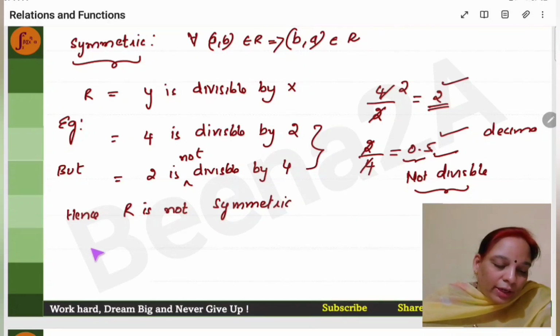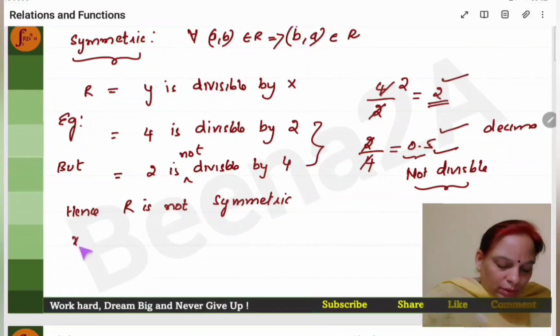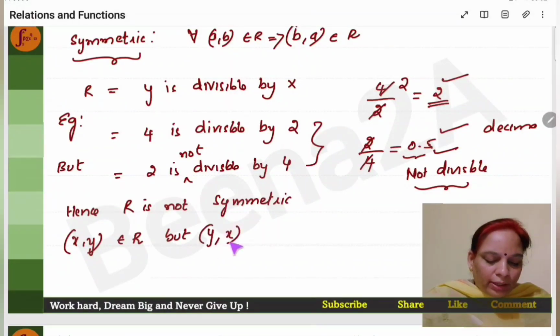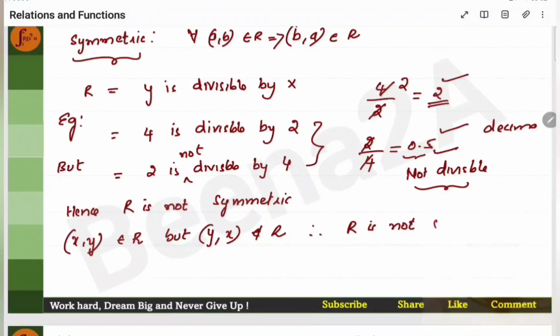I can also write it as, for every pair AB belonging to R, BA does not belong to R. Or I can say XY belongs to R, but YX does not belong to R. Therefore, R is not symmetric. You can write it this way also.